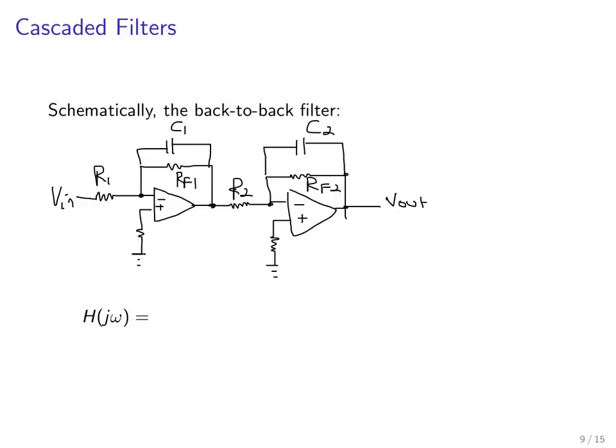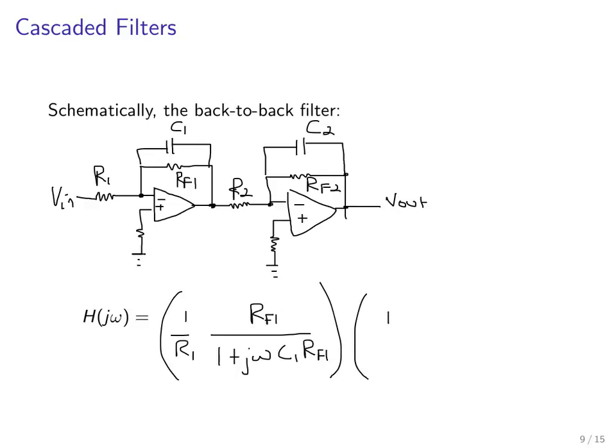So the overall transfer function is going to be 1 over R1 times RF1 divided by 1 plus j omega C1 times RF1, right? And we're going to multiply that by 1 over R2 times RF2 divided by 1 plus j omega C2 times RF2.